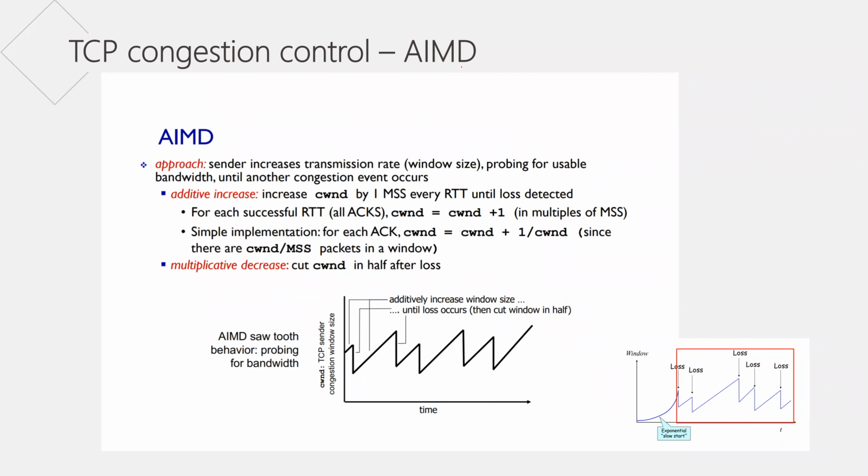We call it AIMD. The A stands for, I think, additive increase here, and the M stands for multiplicative decrease. So AIMD is another strategy to maintain the high speed of our internet.